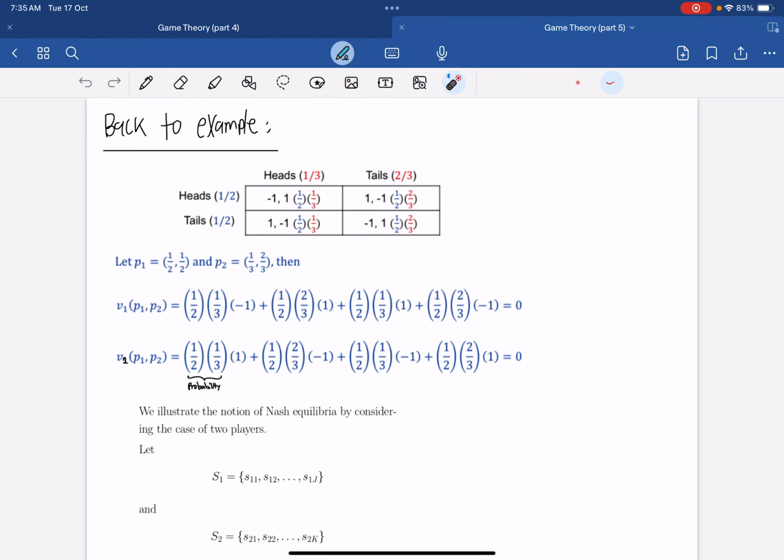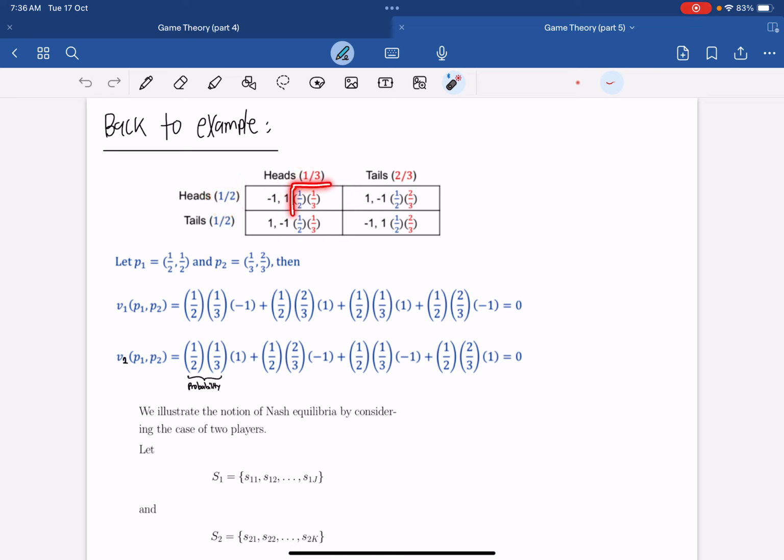If we look back at the example, let us first see this where player 1 plays half-half and player 2 plays 1/3, 2/3. Then we can calculate the payoff for player 1, which is, you just think, so this is the probability of playing half, this is the probability 1/3. So the probability heads come out is this.